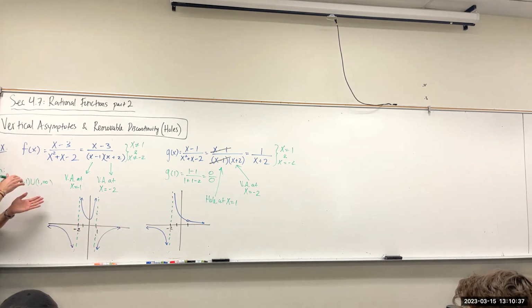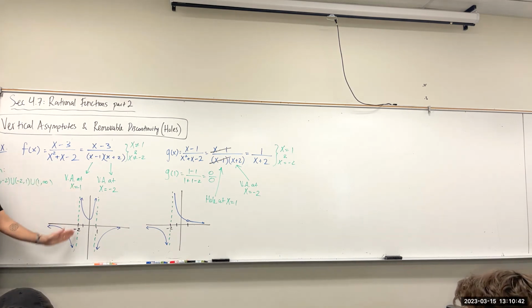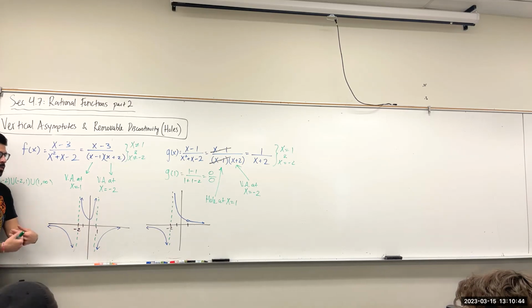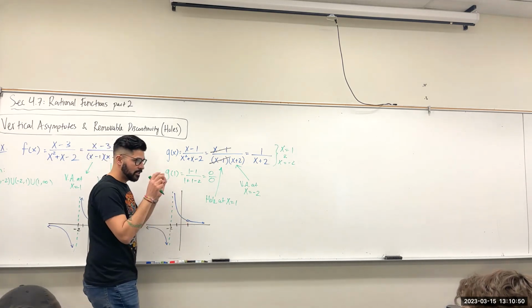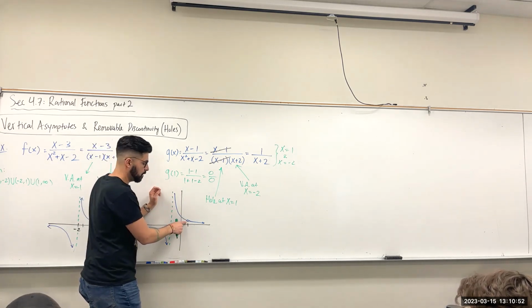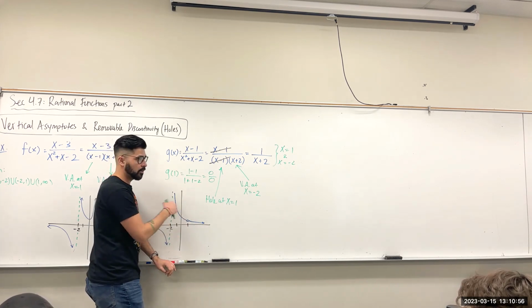So your function needs to have input values for all these intervals. But because you're not allowed to cross the vertical asymptotes, that's what makes it split into 3 parts. Versus here, it's still technically split because of this hole, but just not in an asymptotic way. You're going to learn more about this in calculus.